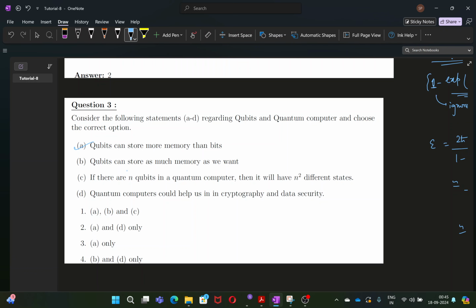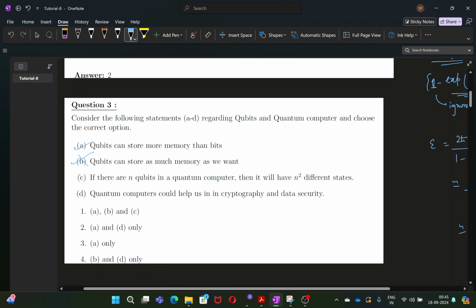Second is that a qubit can store as much memory as we want. That is not true. Qubits can also store the energy depending on the state of the qubit, right? So it will not have as much memory as we want. That is not a correct statement, so this is wrong. Third: if there are n qubits in a quantum computer, then it will have n square different states.